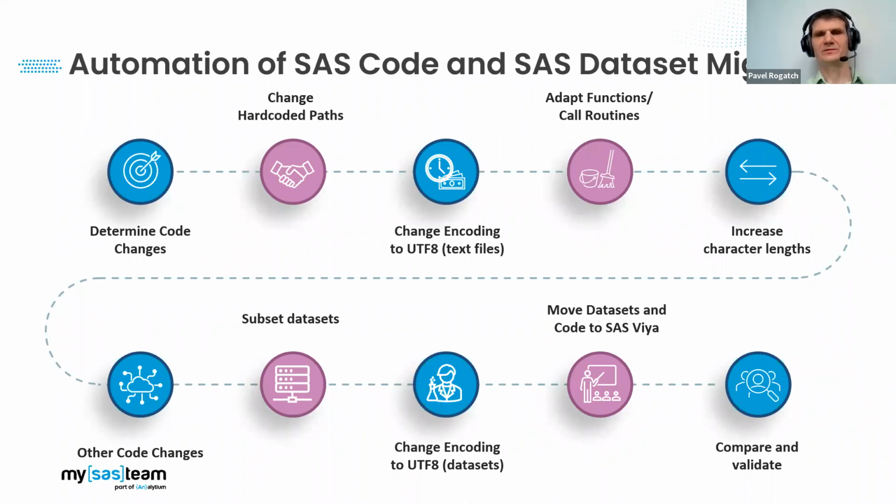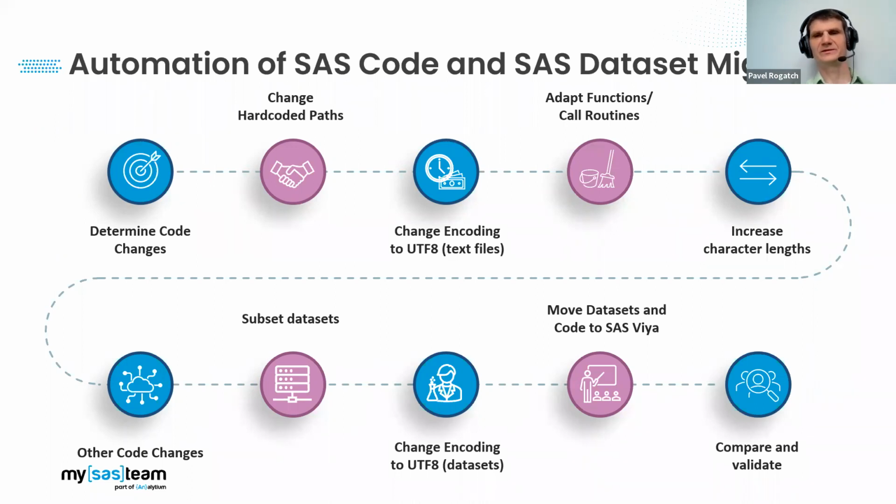And as a reminder, now we're talking about the migration from SAS 9 to the SAS hosted cloud environment, SAS Viya. So all necessary SAS code files and SAS datasets had to be moved to the cloud, but it wasn't enough to transfer all the necessary files to a new platform.